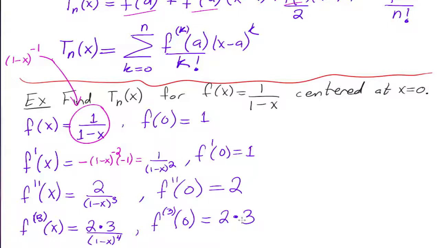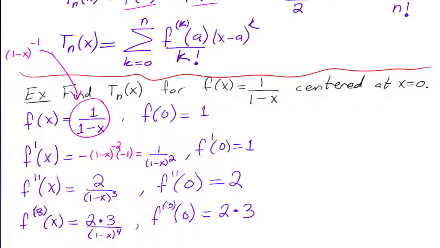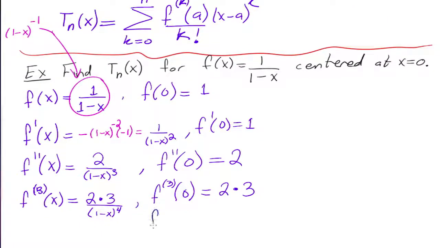And so at this point, you can kind of see what the pattern is, right? What's the next derivative going to be? Without finding the actual derivative, I can already tell what the next derivative is going to be, right? The fourth derivative evaluated at 0 is going to be 2 times 3 times 4, exactly 2 times 3 and then times a 4 because I'm going to have a 4 that comes down.